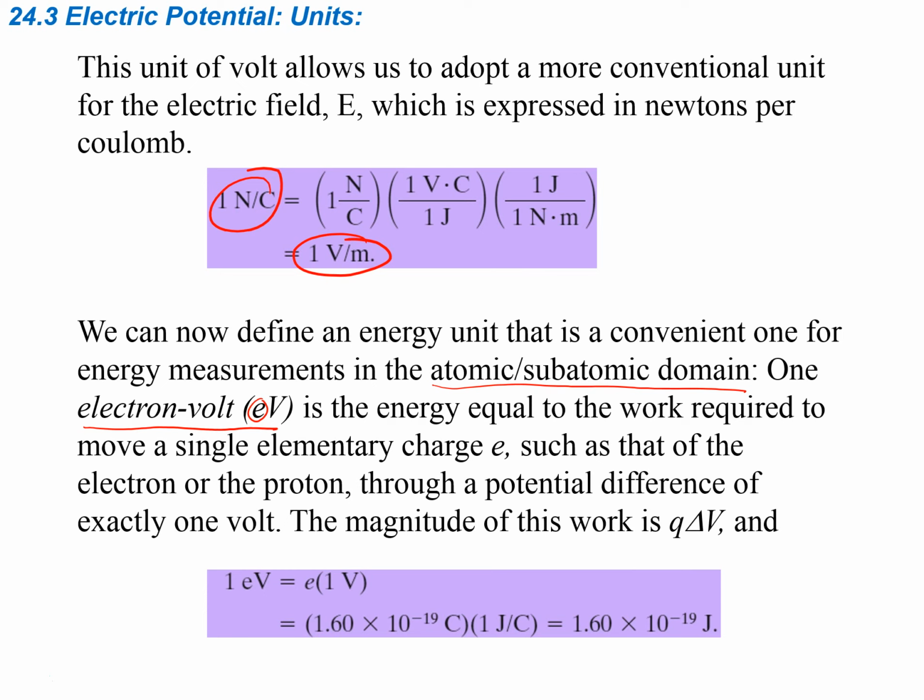The magnitude of this work is the charge times the change in electric potential, so 1 eV is just the electron charge times 1 volt. 1 eV is also equal to 1.6 times 10 to the negative 19 joules.